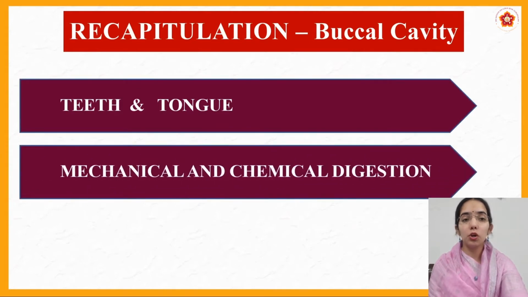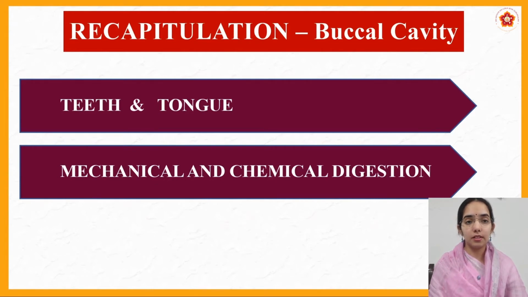In our mouth, two types of digestion start, mechanical and chemical. In our buccal cavity, with the help of teeth, we chew the food and break it down into smaller pieces. This is mechanical digestion.